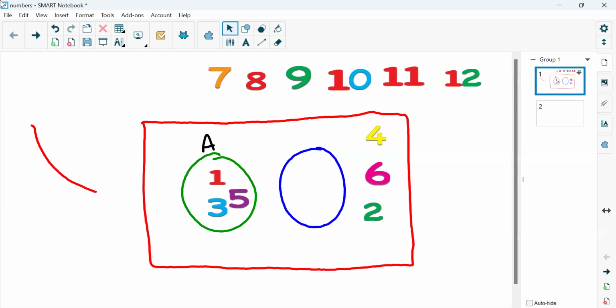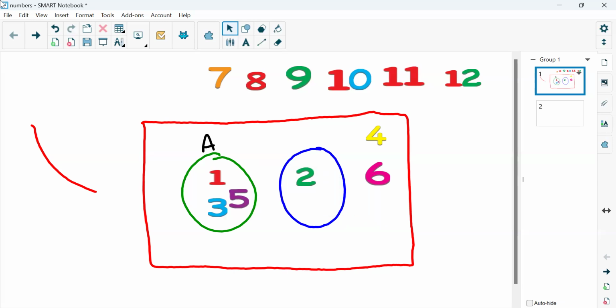Okay, from the numbers that I chose in my sample space, who do you think is prime? 2. You think 2 is prime? Yes. Who else is prime? 3. 3 is also prime. Yes. Okay, I'm going to take 2 and put them there. But you see, I've already used 3 here.